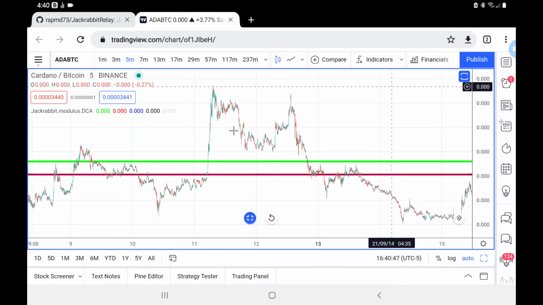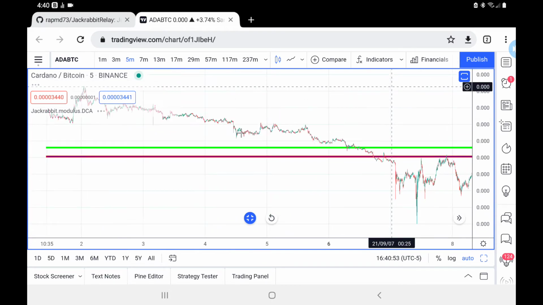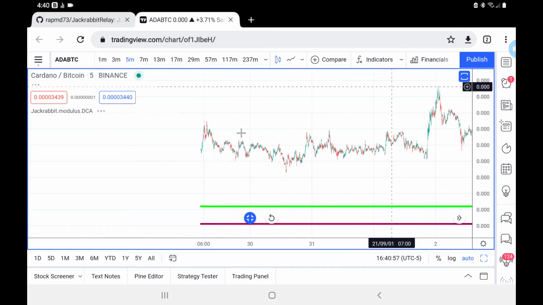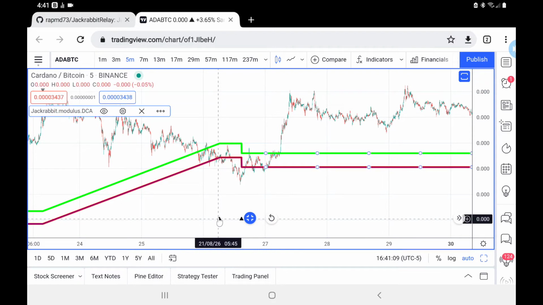Another opportunity for a manual sell above profit. Here's a huge run of above profit. And here it first started.